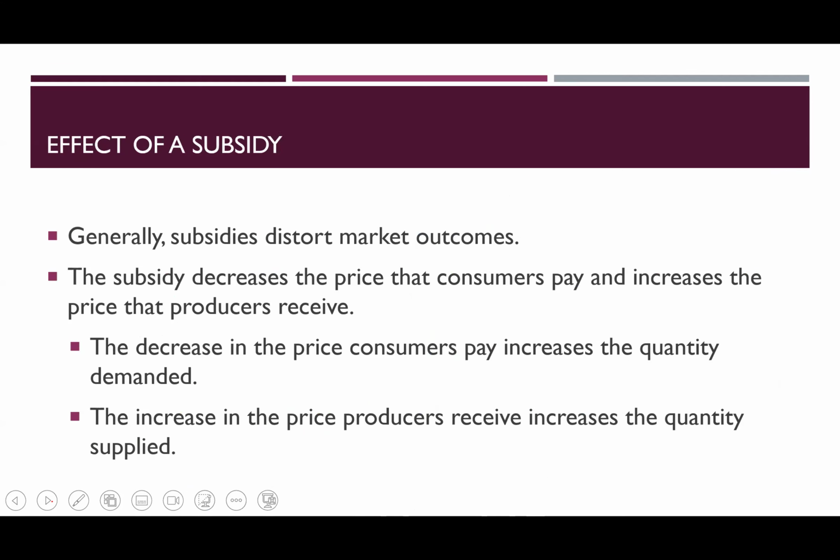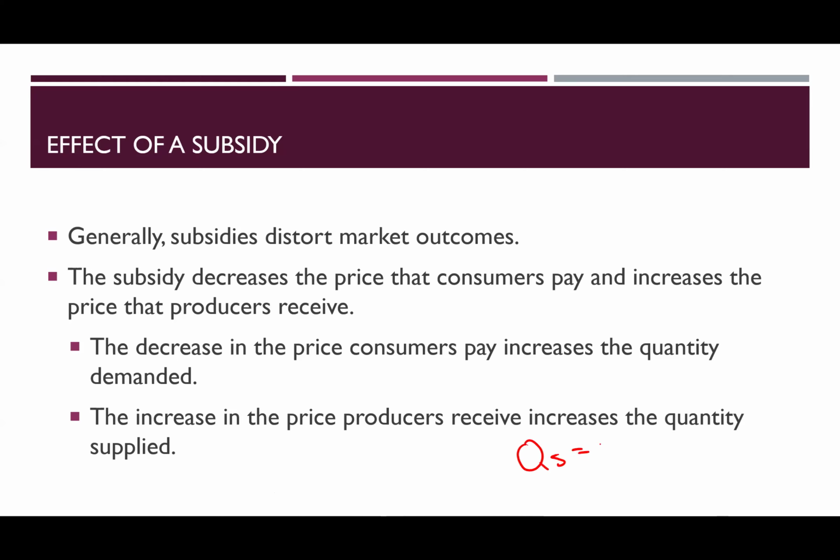So subsidies, just like all of our other interventions, distort market outcomes, and this is due to the changes in price that they elicit. So the price for producers is going to increase while the price for consumers is going to decrease, and the government subsidizes that difference. Okay. The decrease in price for consumers is going to increase quantity demanded, whereas the increase in price for producers increases quantity supplied.